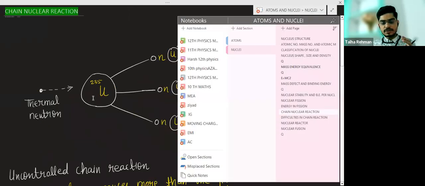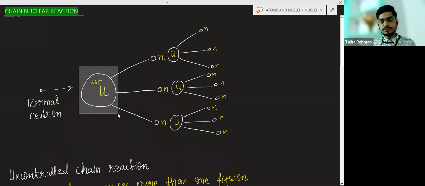So in chain reaction, you can see fission of this uranium-235 will take place and 3 neutrons will be released. And now further fission of uranium will take place by these neutrons. Suppose here is another uranium nucleus, and this neutron will enter into this, and fission of this uranium will take place. Same here, the fission of this nucleus will take place. On one fission, 3 neutrons will be released, and this process will continue.